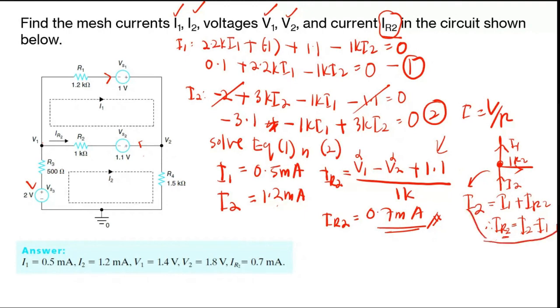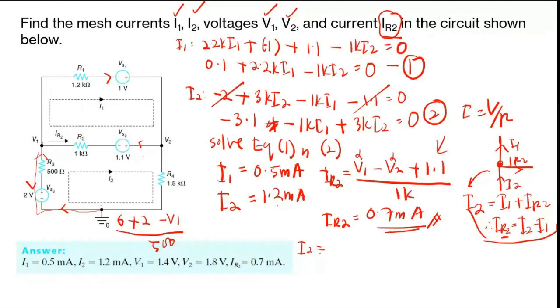So I think it's easy if you use this equation in order to find the IR2. Okay, so for V1, you know that V1 is here, right? So the current direction for V1 is equal to I2 here. So I2 is equal to, the direction is here, 0 minus -2, where you can have +2 minus V1 over 500.